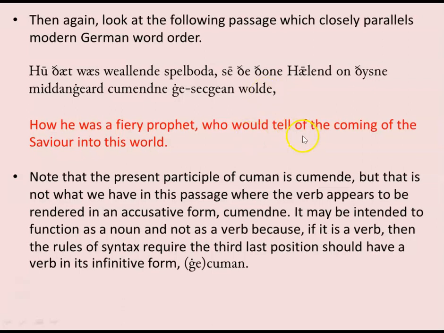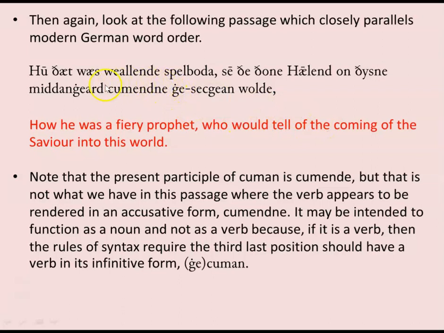Tell of is our second verb, and that would then go into the second last place in its infinitive form, which sure enough, there it is, usegen.